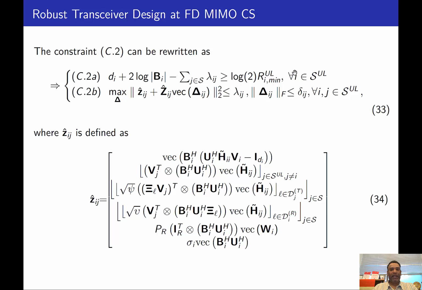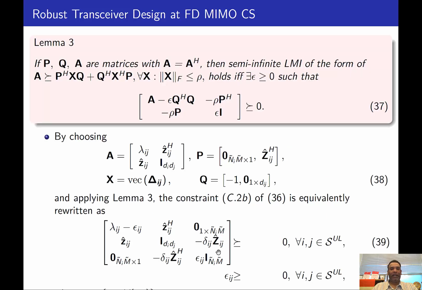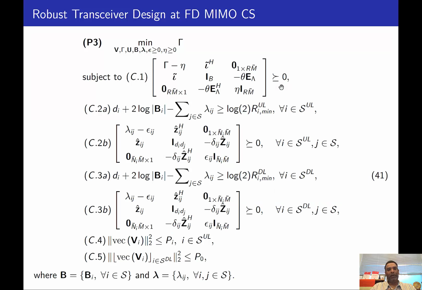These constraints can be written this way, and by using linear matrix inequalities, we can write, using some more linear matrix inequality lemmas, all these problems into a semi-definite program.